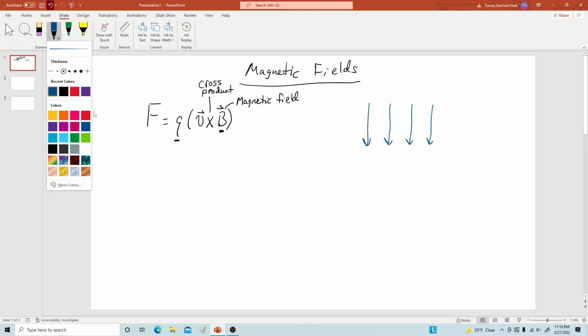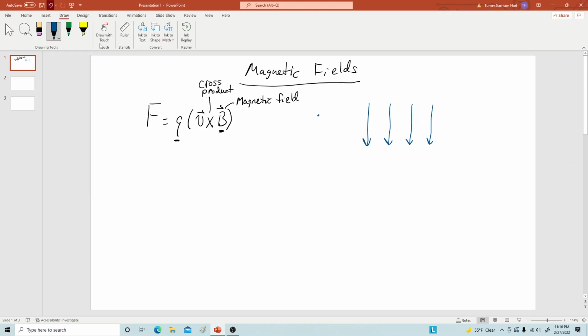So if we use red for the charge, oh, it didn't take it. I don't know why. Let's try this again.